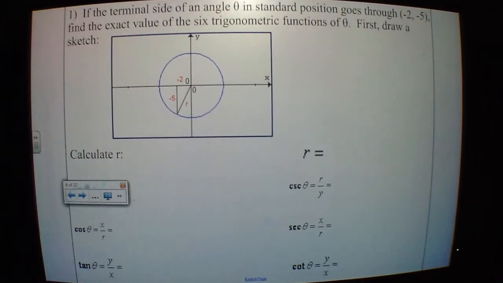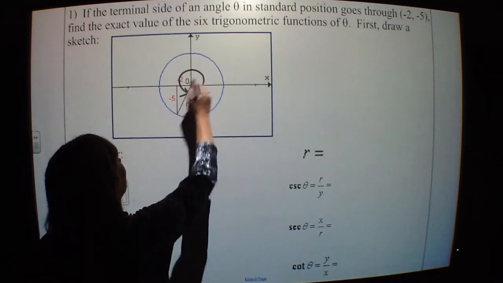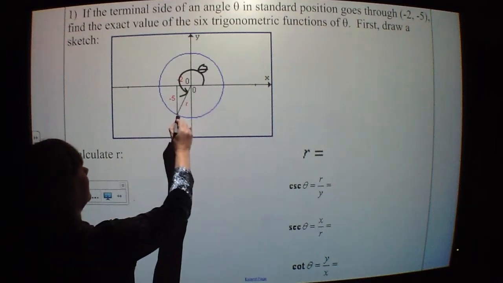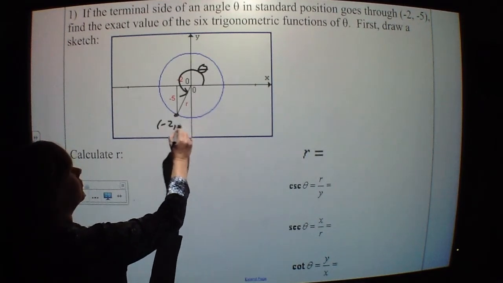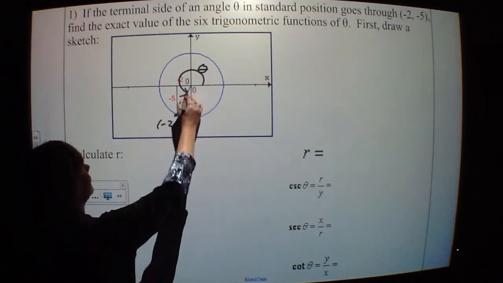So if we have the terminal side of an angle theta, here's my angle theta, going all the way around in standard position, and it goes to the point (-2, -5). Find the exact value of the six trigonometric functions.